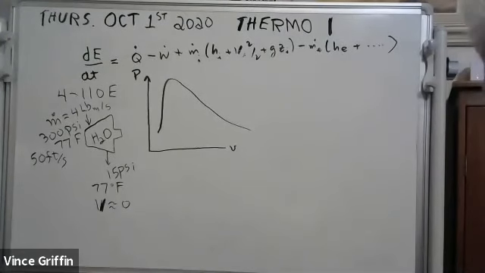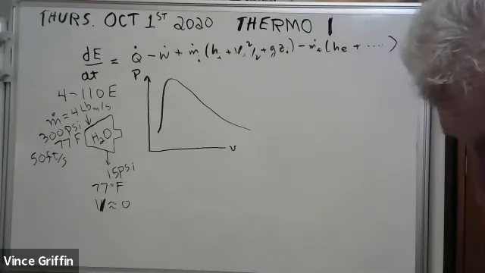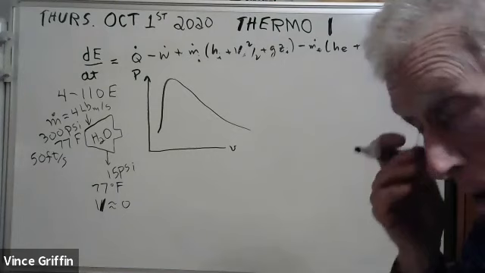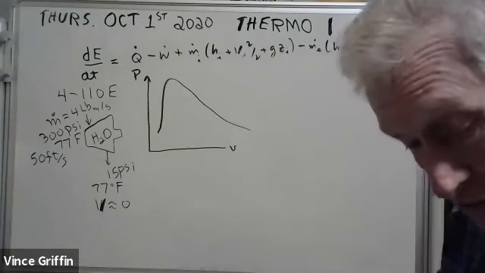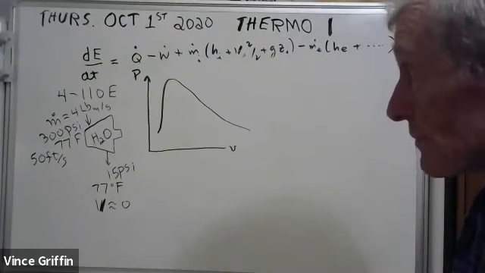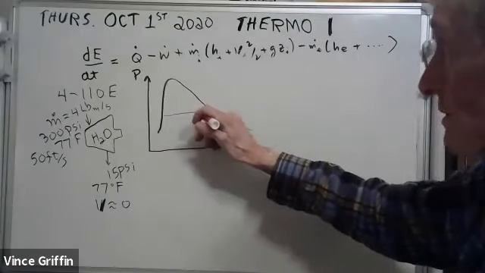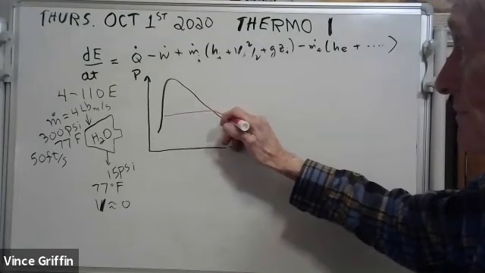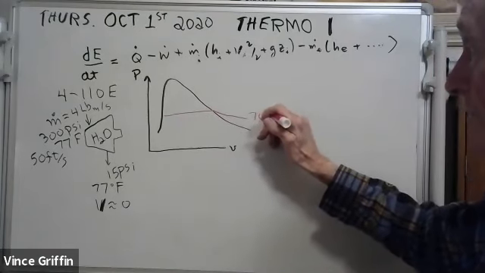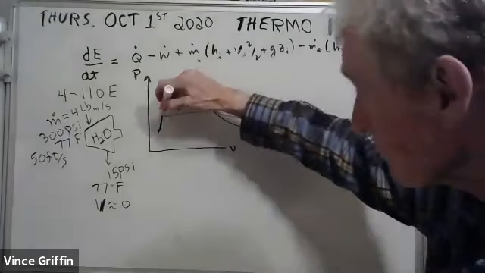Let me look around here. We need water Fahrenheit. Let me snoop around here and see. Gosh, that's way down low. Well, let me draw the 70 degrees Fahrenheit isotherm.